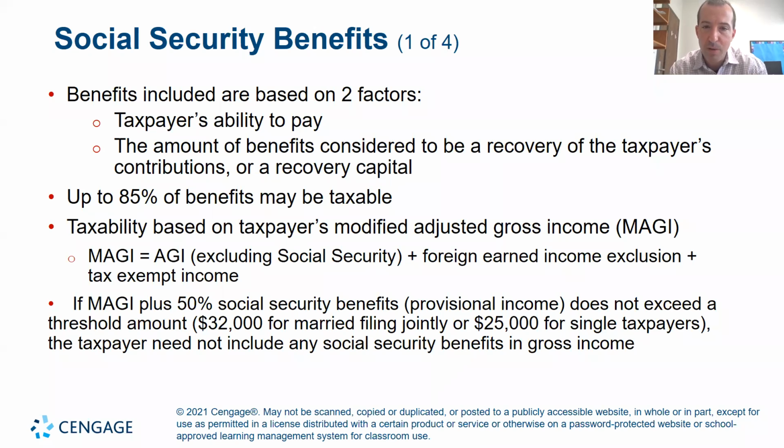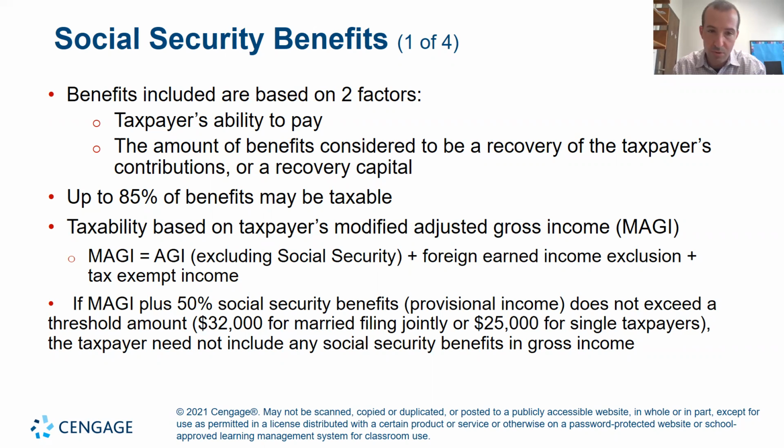The taxability is based on the modified adjusted gross income, which is adjusted gross income. In adjusted gross income, we exclude Social Security, but we include any other sources of income: W-2 income, partnership income, gambling winnings, prizes, annuity income minus any annuity exclusions. Those are all included in income.